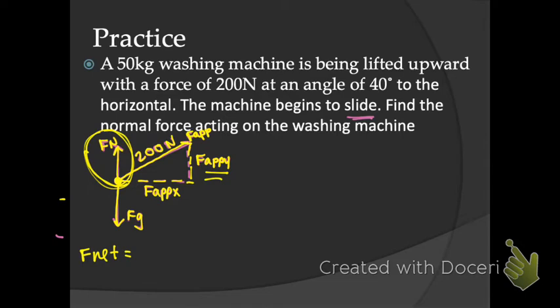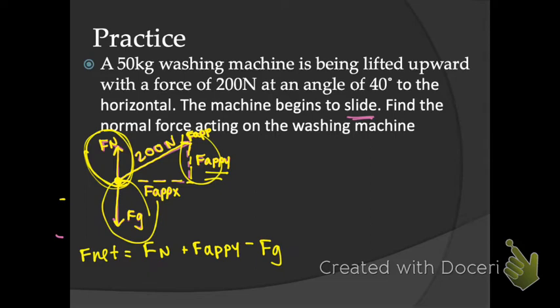The vertical component, I still count that. So I've got 2 of them that are going upward, the normal force plus force applied y. And then what's my downward force? My gravitational force, okay? So I put in all, right? Net means the sum of all of them. So I'm going to put all of those into that equation, okay? Any questions about how that is built?